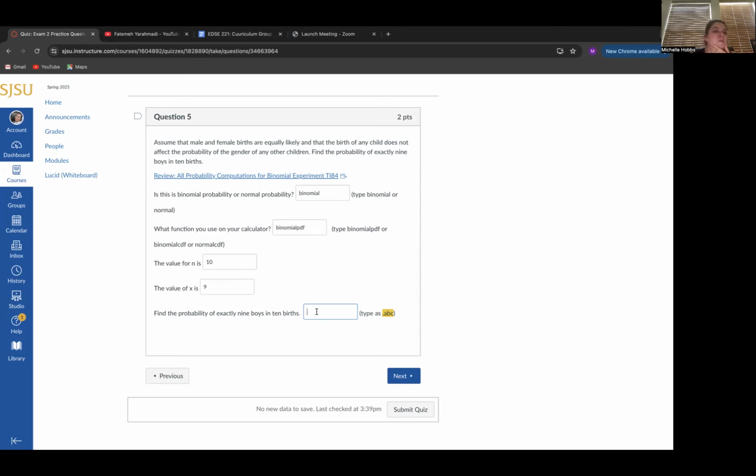Assume that male and female births are equally likely and that the birth of any child does not affect the probability of the gender of any other children. Find the probability of exactly 9 boys in 10 births and then type it as a decimal.